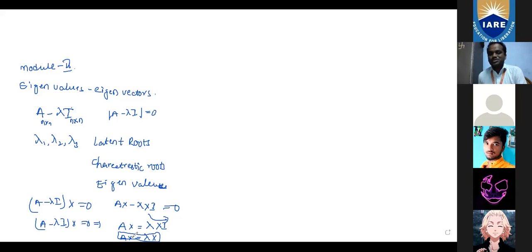So don't get confused. The corresponding eigenvectors are x, a column matrix of unknown values.